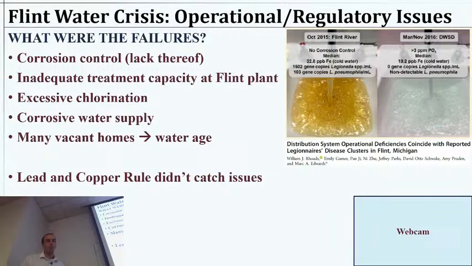Okay, so what were the failures, if I had to summarize them? Maybe a good slide to keep in mind for your quiz when you take it. Well, I mentioned repeatedly already, corrosion control. Really, the lack of corrosion control was a big, big deal. And corrosion control is pretty simple. We typically add what's called orthophosphate.